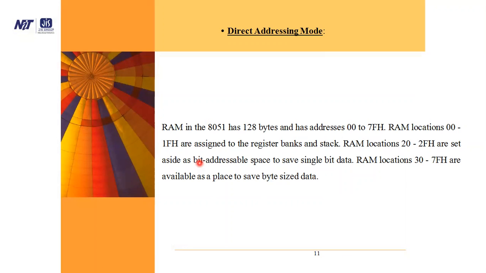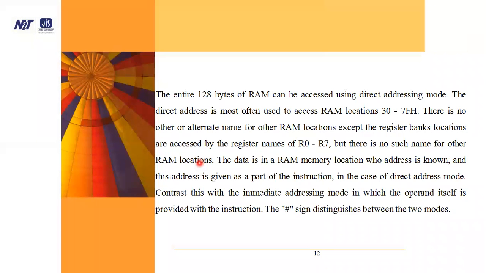RAM locations 20 to 2FH are set aside as bit addressable space to save single bit data. RAM locations 30 to 7FH are available as a place to save byte size data. The entire 128 bytes of RAM can be accessed using direct addressing mode.